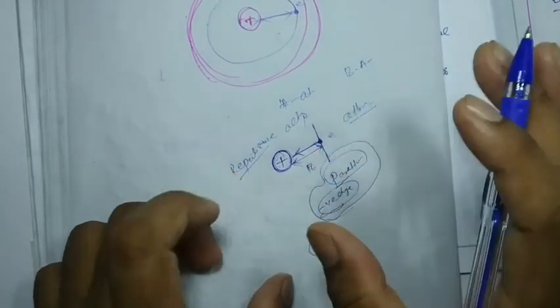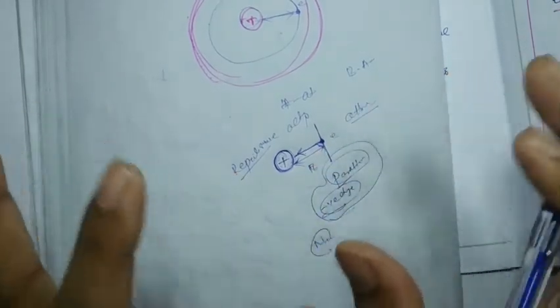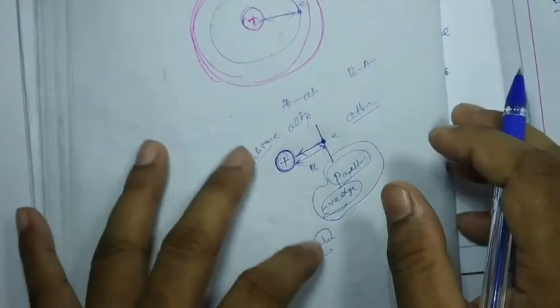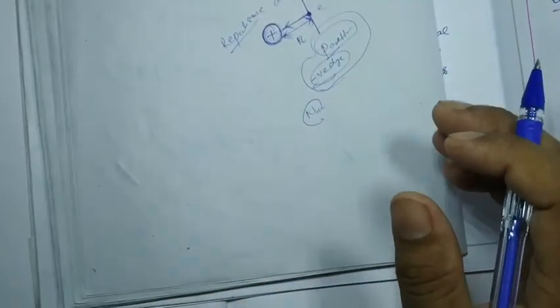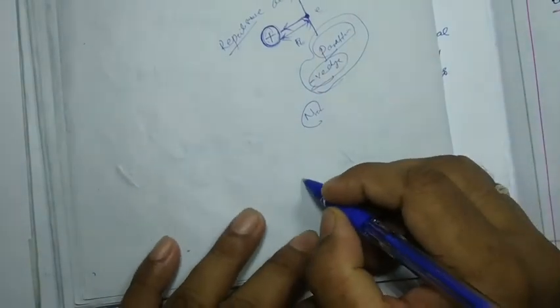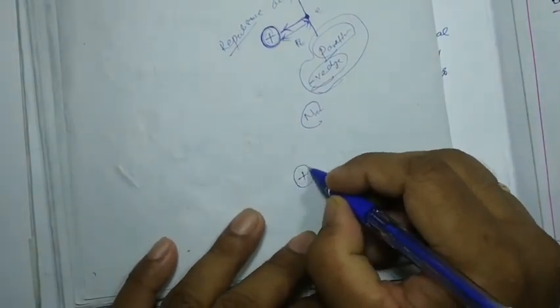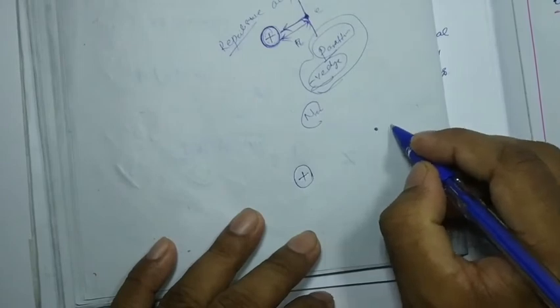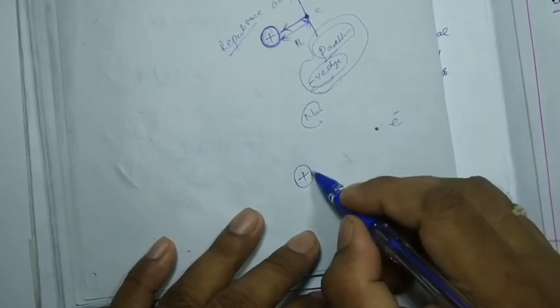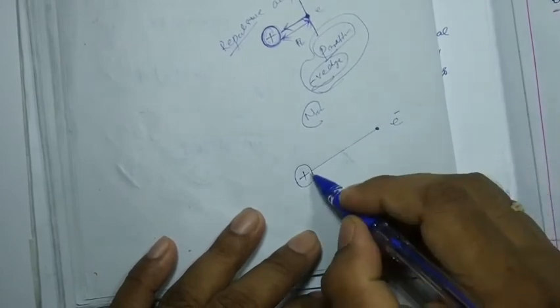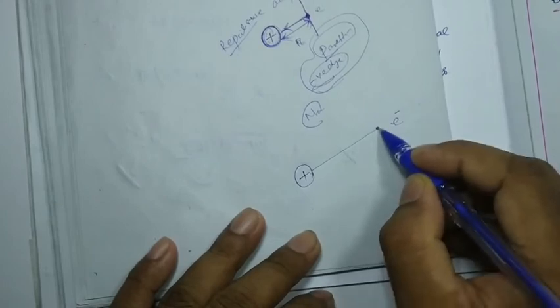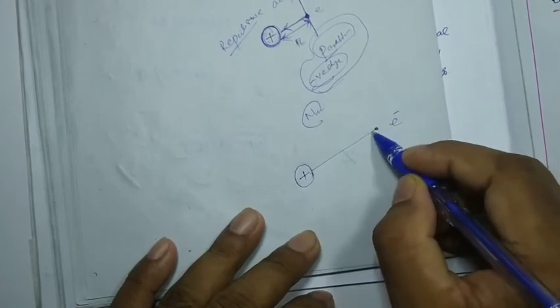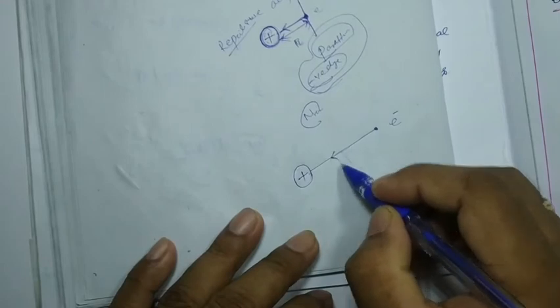That you are going to study in detail in your nuclear physics. I am going to give you a simple model, or you can say the dynamics of the central force. Nucleus, the electron is here, it is a negative charge. So this nucleus is going to attract the electron up to a certain distance, up to this much.